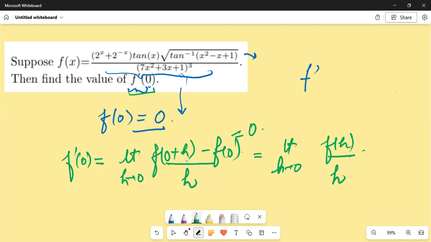But using the derivative definition only, and taking advantage of the fact that your function's value at the point at which the derivative needs to be evaluated is also 0, you can just bypass the chain rule, evaluate this limit and get your final answer. So what will happen if you try to evaluate this limit?